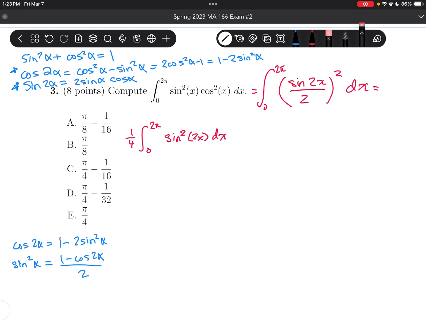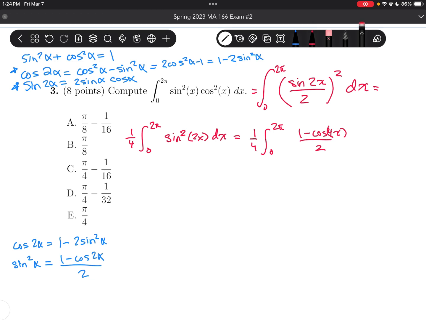Okay, and so now if I use this on the expression that I have in my integral, I get 1 minus cosine 4x divided by 2. It's very important that you remember to change this 2x to a 4x.